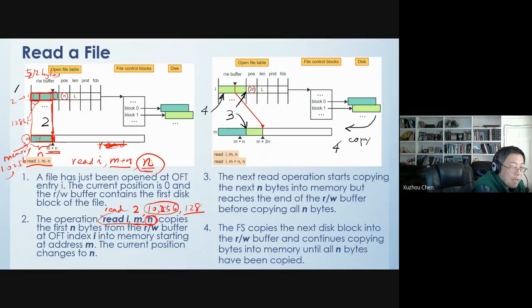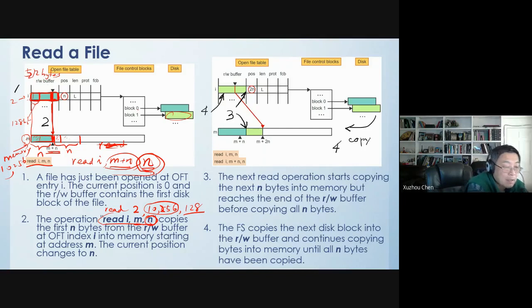So n may not be the same size as the block size. So n is going to be half of this. And for the next read, you're going to read the next n bytes into the memory location starting from here. But the problem is that in the buffer, you're going to read up to the end of the buffer, so you only get that small piece of information. The next portion is going to be in the next block.